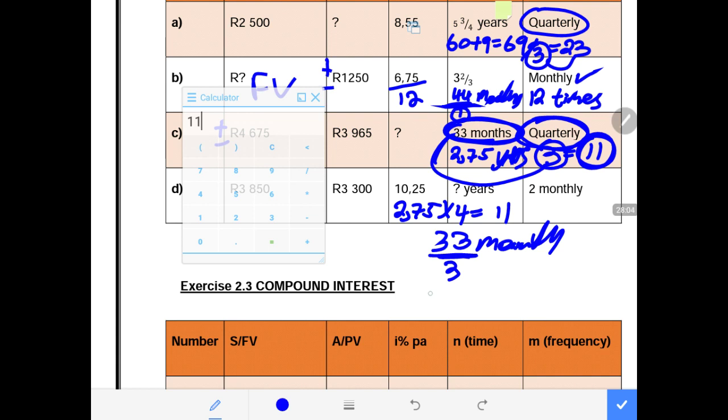So now 33 divided by 3, which is the number of months in a compounding period, or in a quarter in this case, gives us 11 times, meaning the interest will be compounded 11 times over the period of 33 months, because every third month we are compounding the interest.